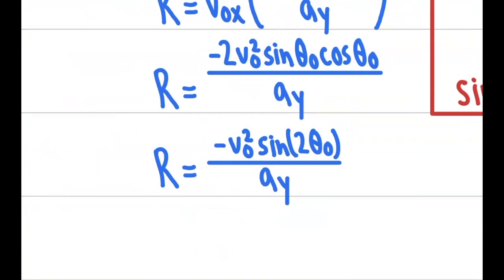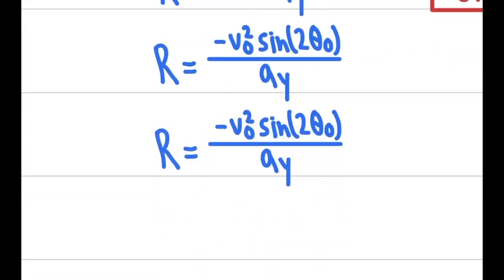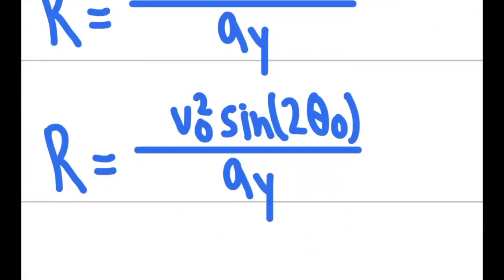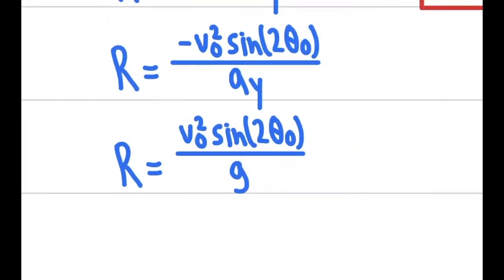One more thing we can do to make this even cleaner is we know ay is just negative g. So the negatives are going to go away, and this will just be over g. That's a good answer. So it's v naught squared sine 2 theta naught over g.